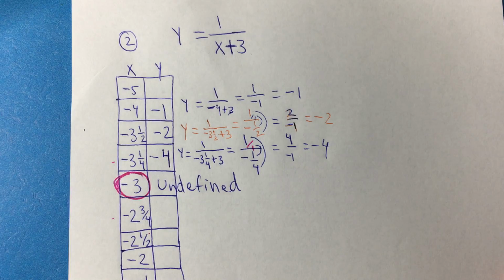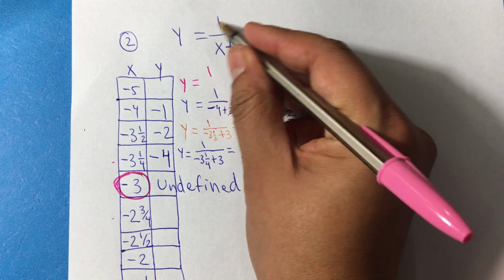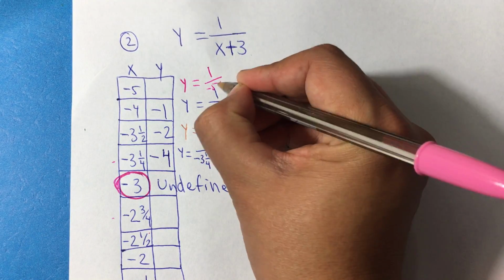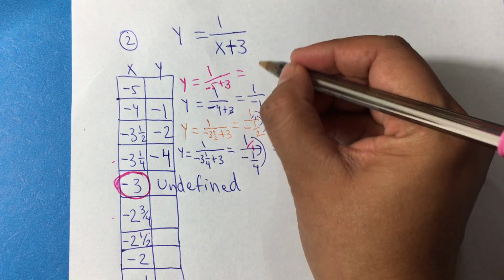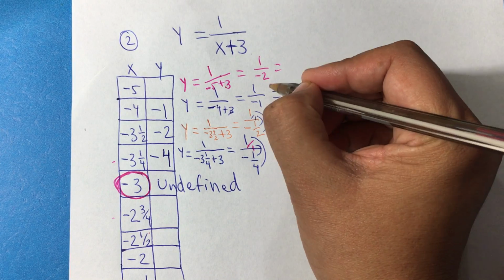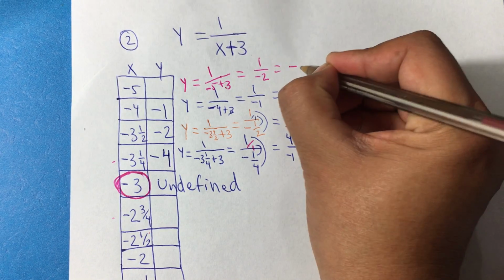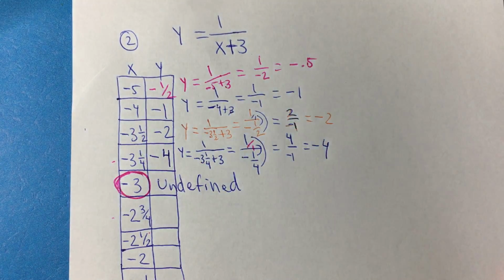The last one, y is equal to 1 divided by x plus 3, but x is -5 plus 3. I have -5 and +3, that's -2. And 1 divided by -2 is just -0.5, or I prefer to leave it as -1/2.